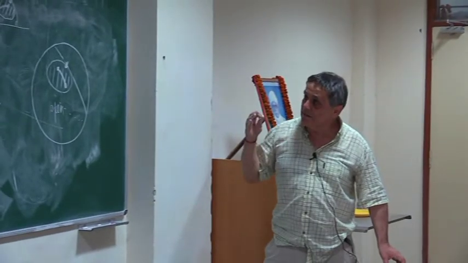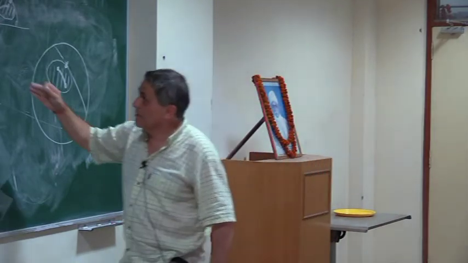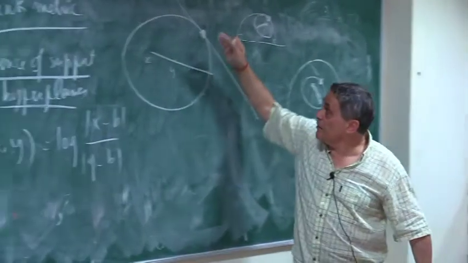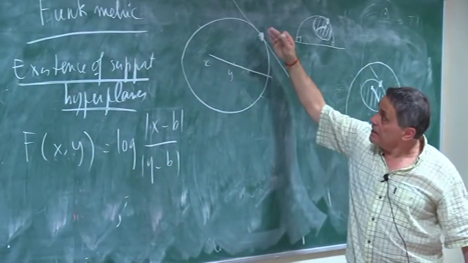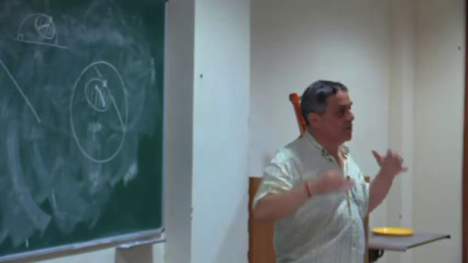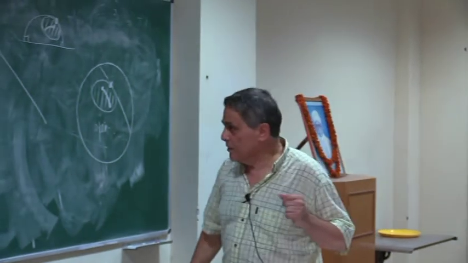Not only does the convex set have all these support hyperplanes, but the convex set is the intersection of all these half spaces bounded by the support hyperplanes. So the convex set itself you can define using these support hyperplanes.